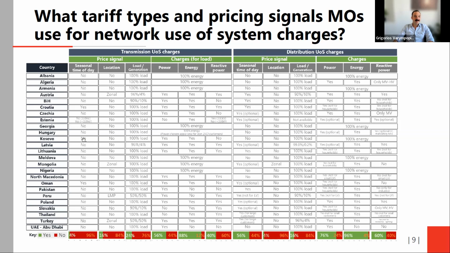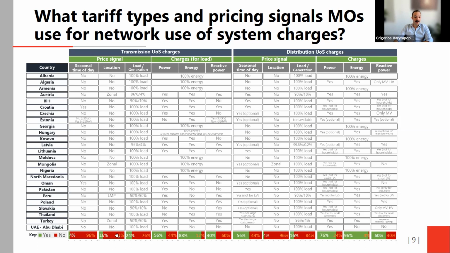So for seasonal time of day signals, 96% of countries do not use seasonal time of day transmission use of system charges. Only 4% included in their tariff design seasonal time of day tariffs. Regarding locational signals, we see that 16% of countries used locational signals and the remaining did not.